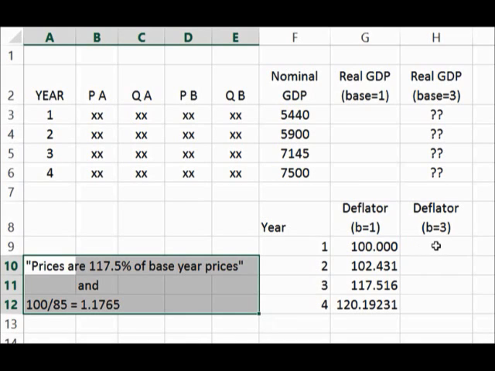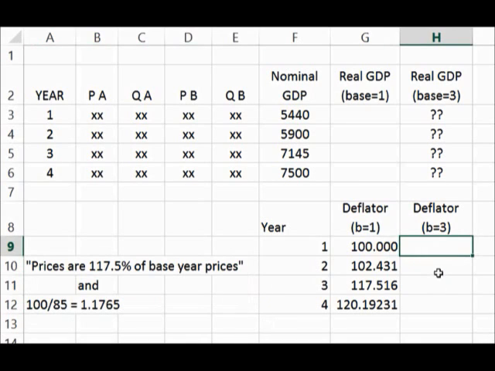And what that means is whatever value we choose for these deflators in years 1, 2, 3, and 4, we know that the deflator for year 1 should be about 17.5% less than the deflator in year 3, or the deflator in year 3 should be 17.5% more than the deflator in year 1. We can use that same sort of logic to calculate the ratio of the deflators between years 2 and 3 by looking at the ratio of the previous deflators in years 2 and 3.